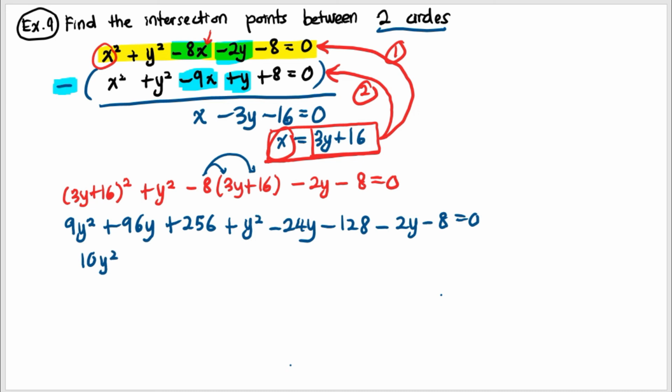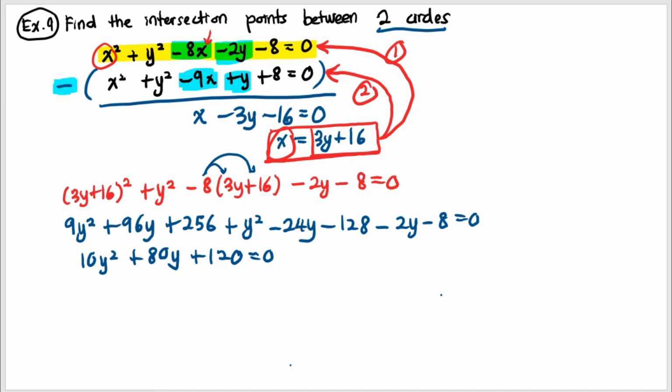I'm going to collect those terms with the variable y. So I have 96 minus 24 minus 2, so I will have plus 80y, and then we have 256 minus 128 minus 8. Therefore I'll have plus 120, which is equal to 0.